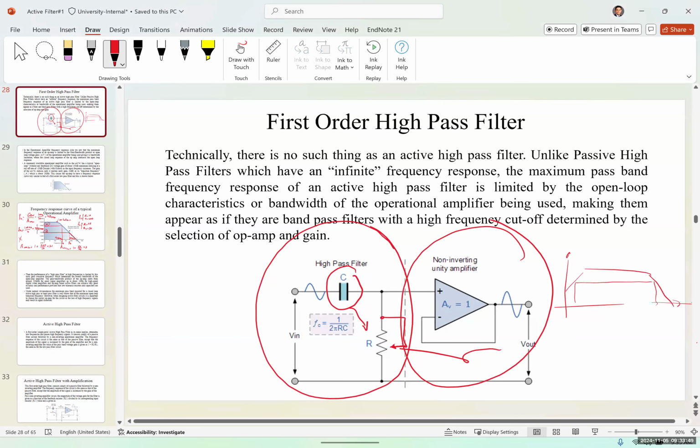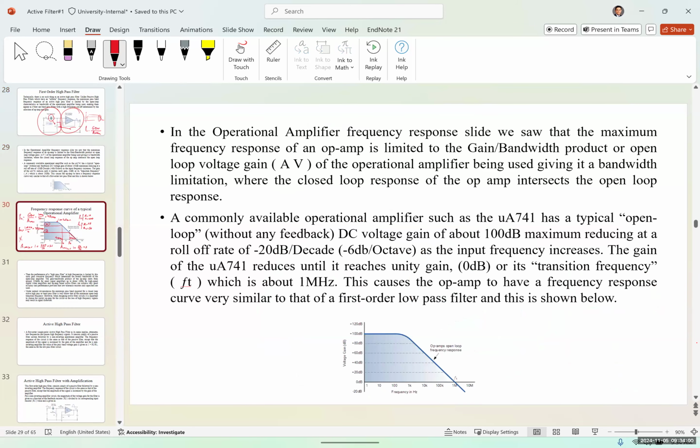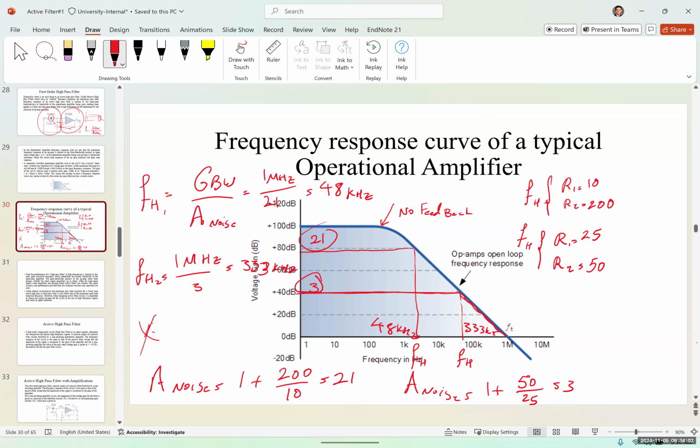How do we determine the upper cutoff frequency? The upper cutoff frequency for an op amp was the gain bandwidth product over A noise. And we also solved a couple of problems with different op amps and different A noise.